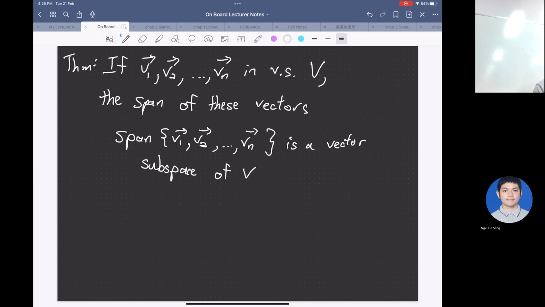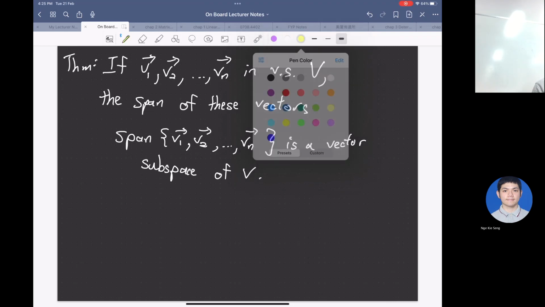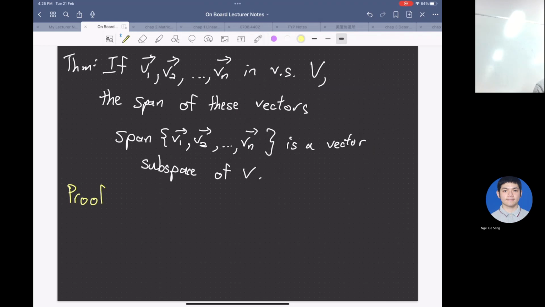I'll let you think for a minute. Can you think why it is automatically a subspace if I take the span of v1 up to vn? If I have n vectors in my vector space, I know how to add and I know how to do scalar multiplication. If I take linear combinations of these vectors, why does this set become a vector subspace?